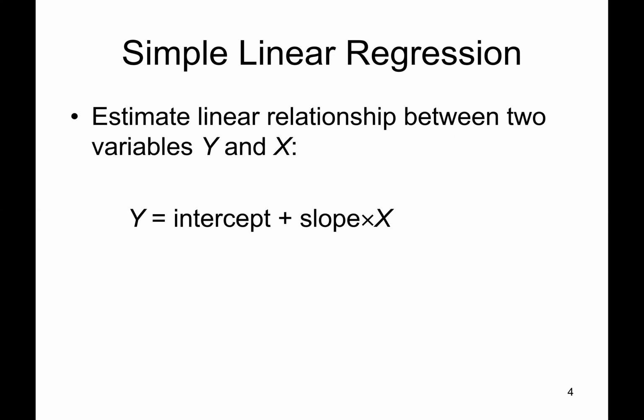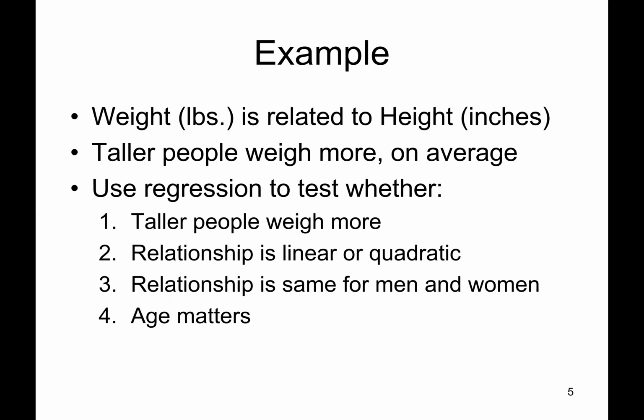And then x is our independent variable, or sometimes in medical literature they'll say exposure variable. But really what we're doing is coming up with a y equals mx plus b kind of equation. So we estimate y through an intercept plus some slope times our x variable.